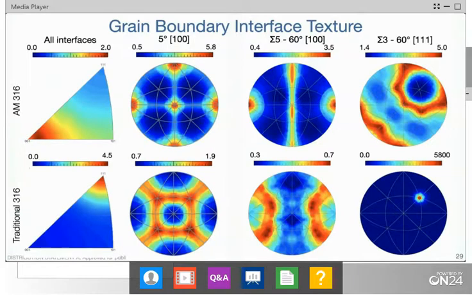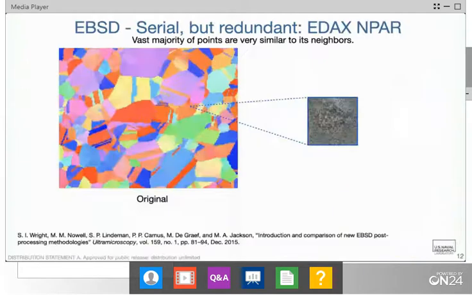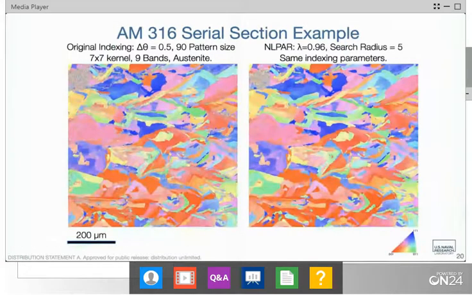Let's see if I can scroll back here to my example of my 2 AM data sets. Not that one. So I'm not sure if you can zoom in enough on these images, and I think the PDF is included or will be included with this.